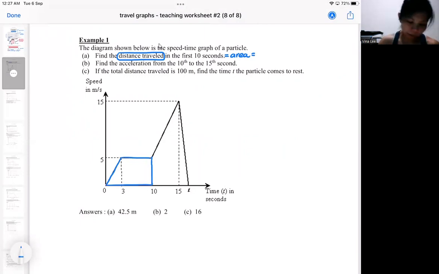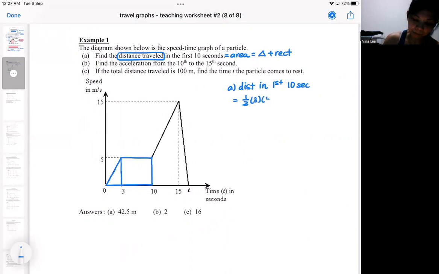You can do it as a triangle first, so you can take it as triangle plus rectangle. So for part A, if I would like the distance in the first 10 seconds, in your head you should be thinking about half times base times height. So that will give you the distance. And take note of the units.